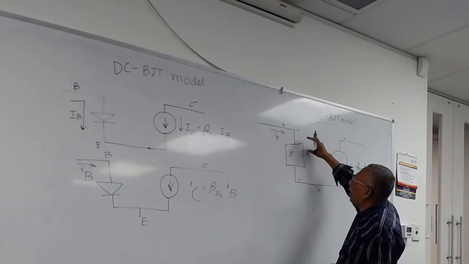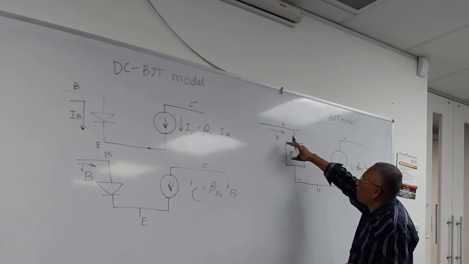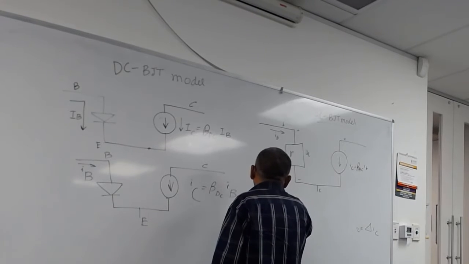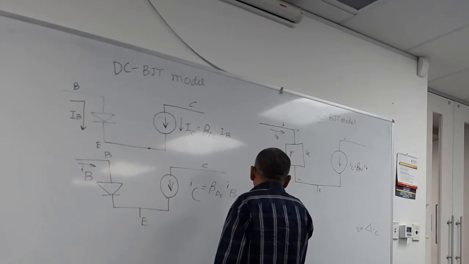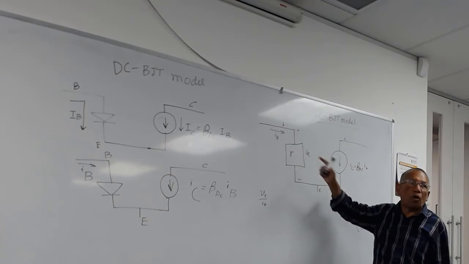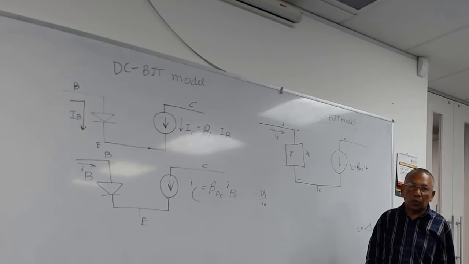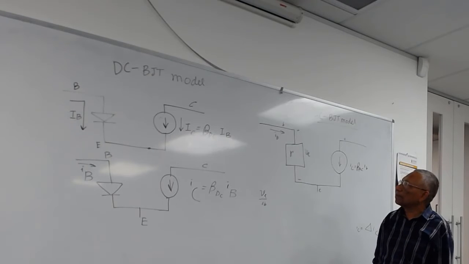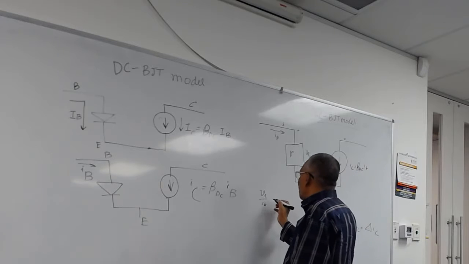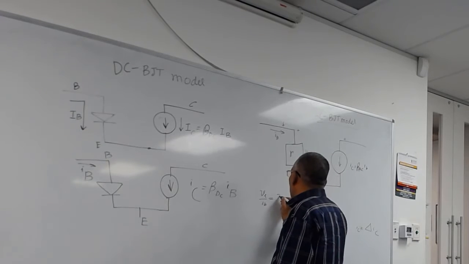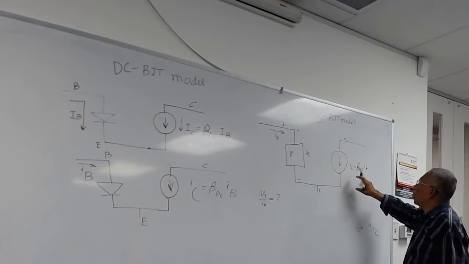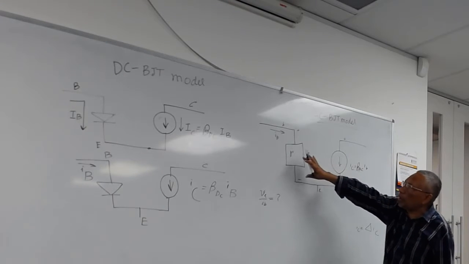So which is really like a variation of IB with VBE, VBE divided by IB. This variation of VBE with IB is in this box. The question is, how do you find it out? So this one is more or less done, beta AC times IB. But this one, how to find it?